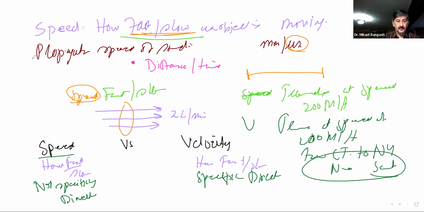That's going to be your speed. Whereas if you say distance per time with direction, that becomes velocity.